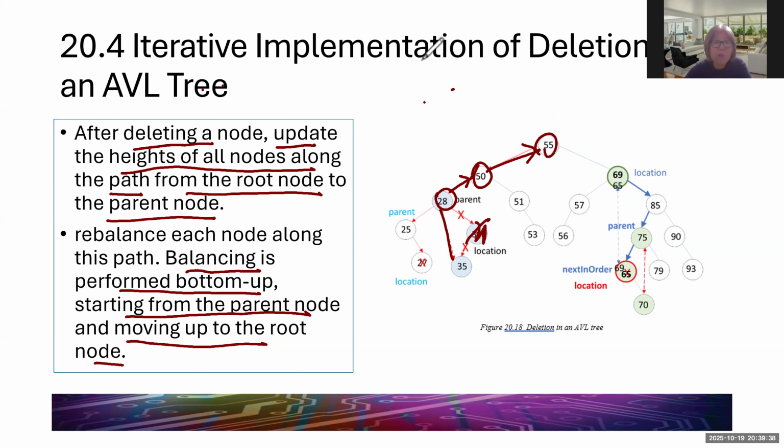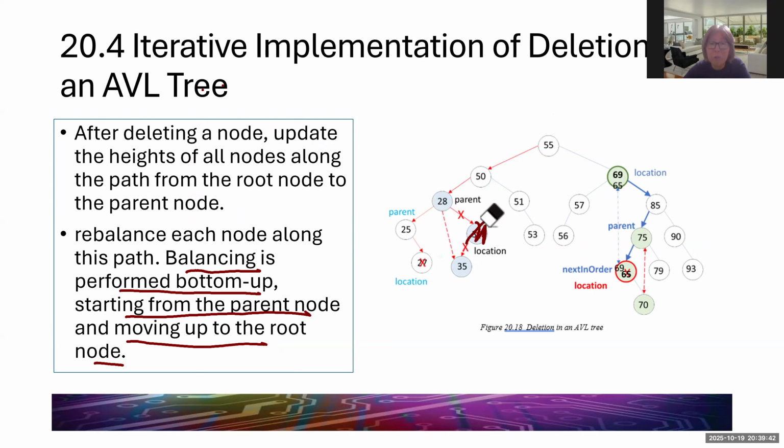So this is the discussion for the deletion, the iterative way. The iterative way is: after you do the deletion, then from the parent node, pass all the way back to the root node, and we balance each node bottom up.